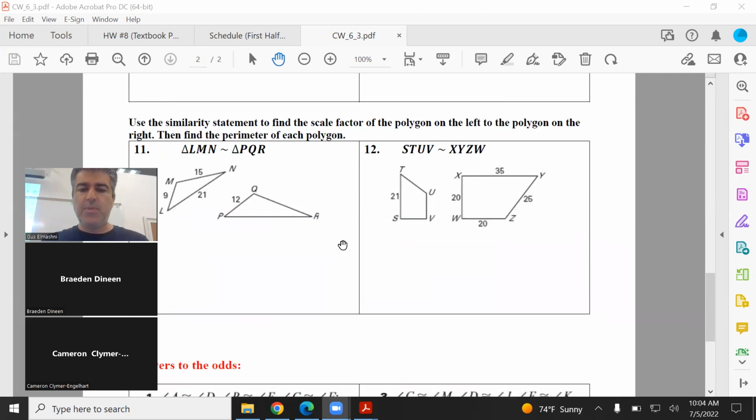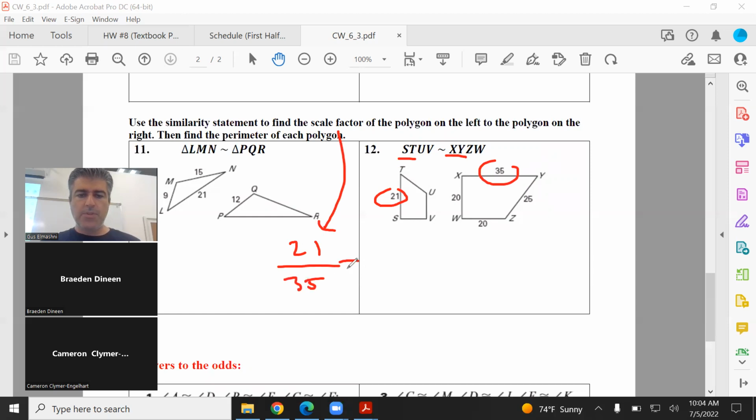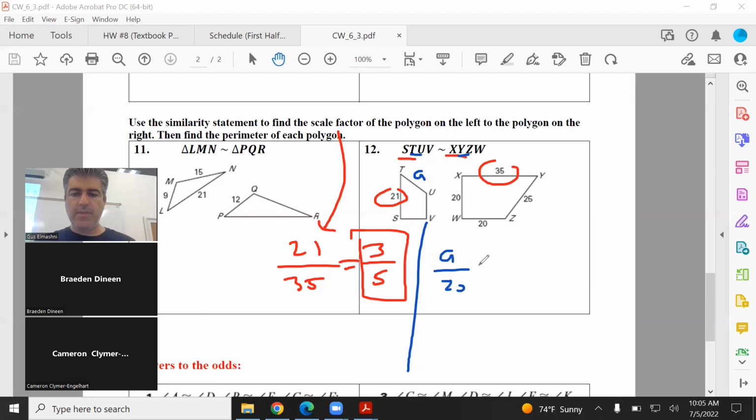And lastly, for 21. So ST corresponds to XY. So your scale factor is 21 out of 35, which reduces to 3/5. Then what you have to do afterwards is, if you call this A, TU lines up with YZ. So A over 25 equals 3/5.